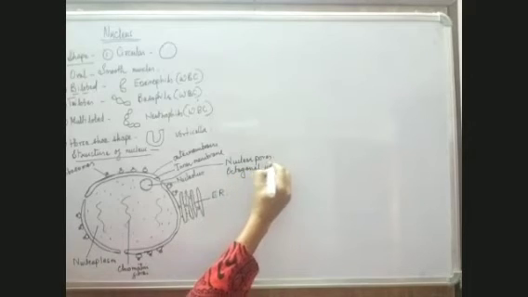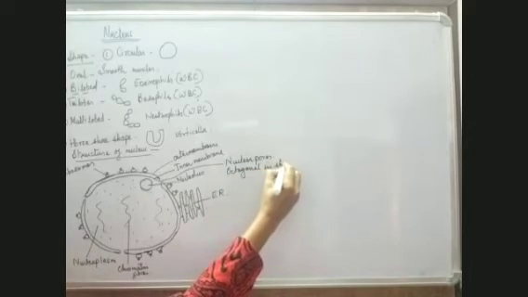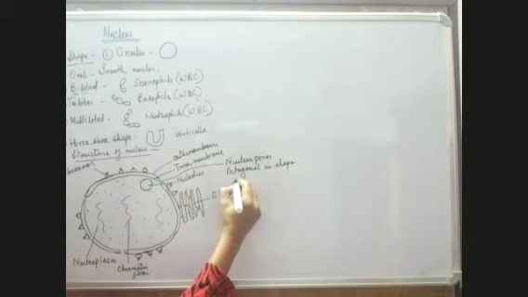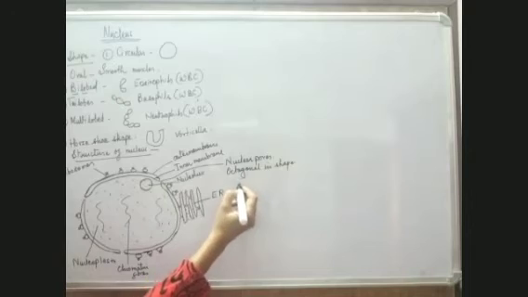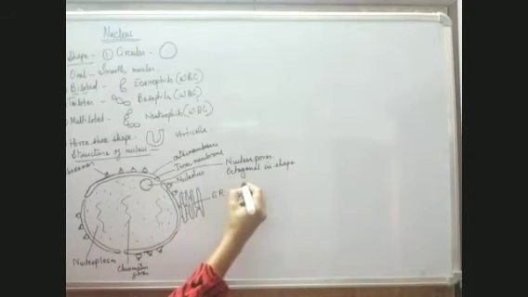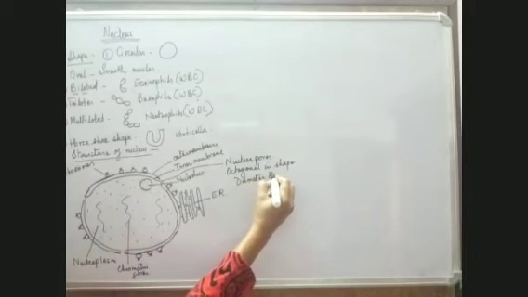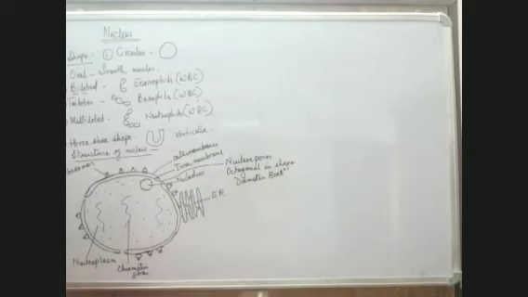And besides being octagonal in shape, the nuclear pores have a diameter of the opening. That means how big the pore is: the diameter of the pore is about 800 angstroms.